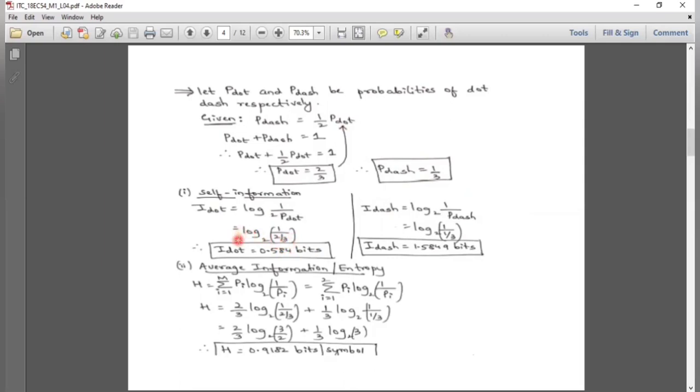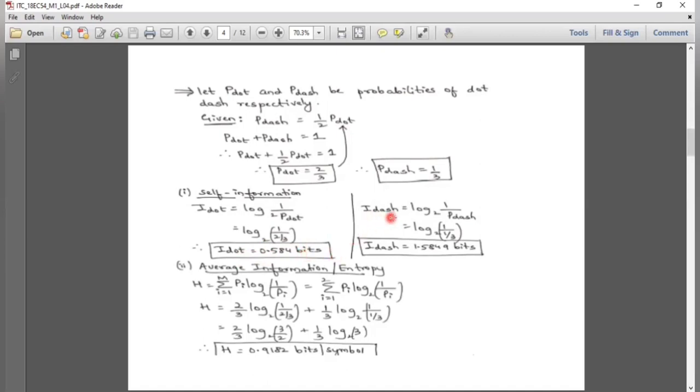So this gives us I dot equals to log of 1 divided by 2 by 3 to the base 2, which can be written as log 3 by 2 to the base 2, and this can be calculated as log 3 by 2 divided by log 2, which gives you information conveyed by dot as 0.584 bits.